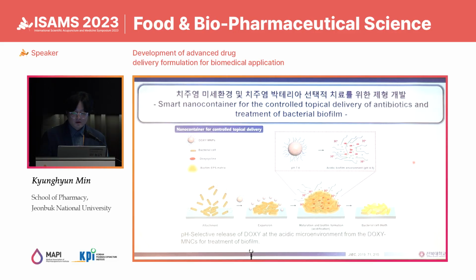We also developed the nanocontainer for the controlled topical delivery of antibiotics and treatment of bacterial biofilm.